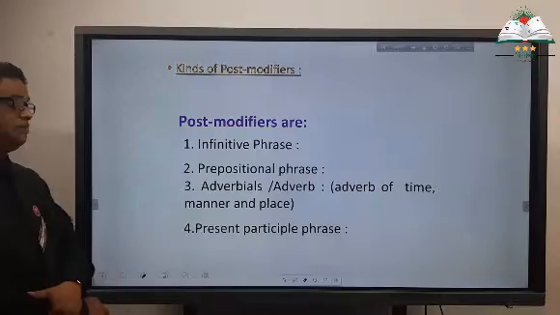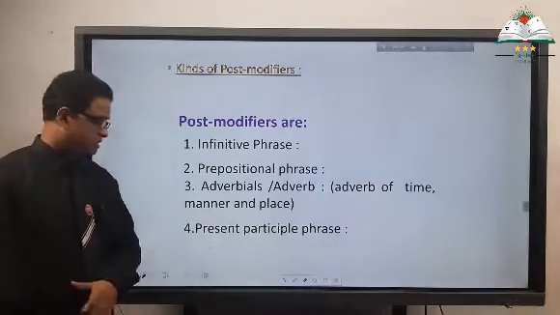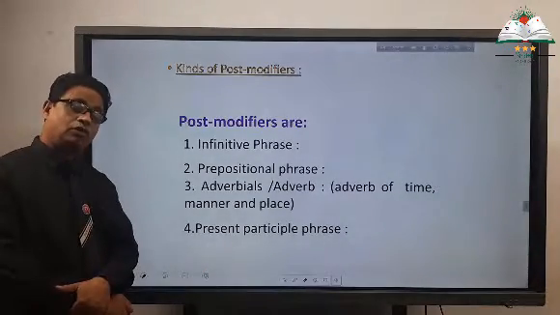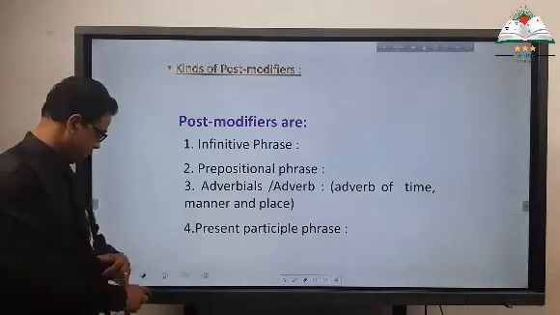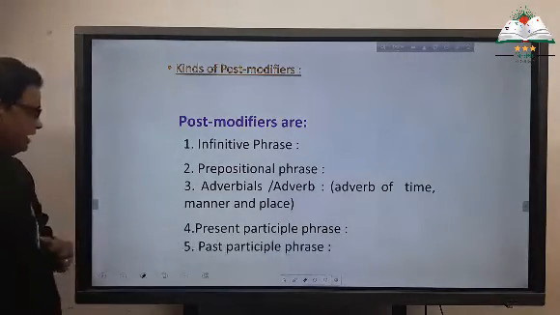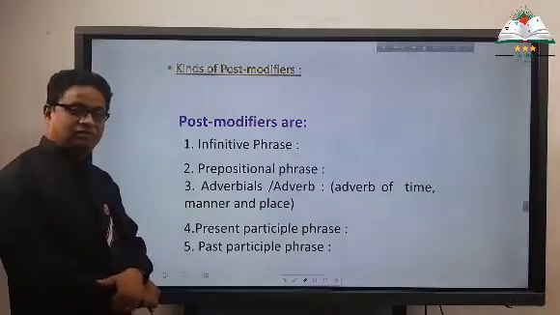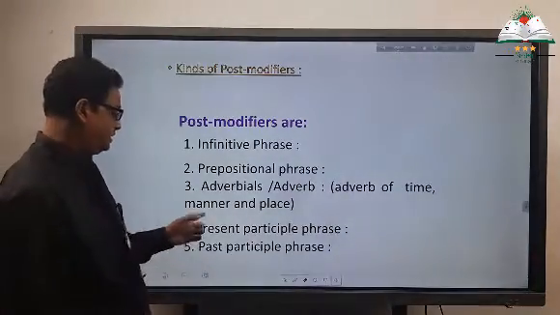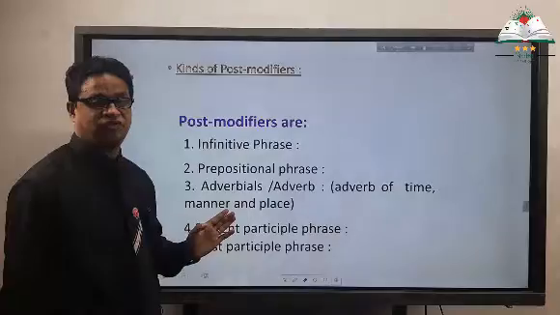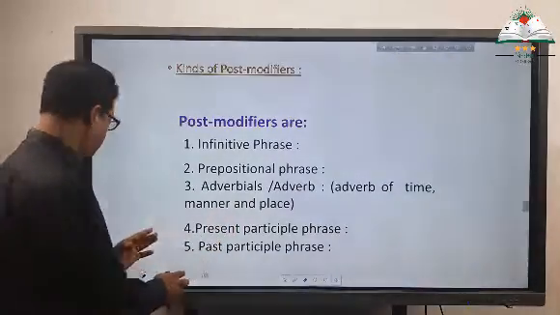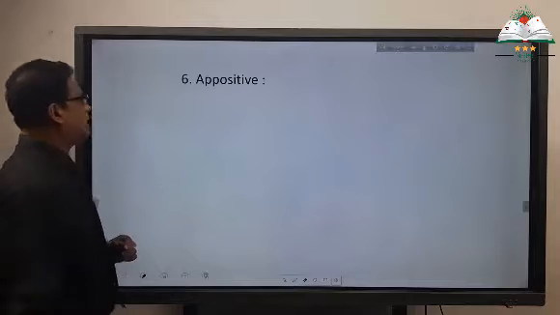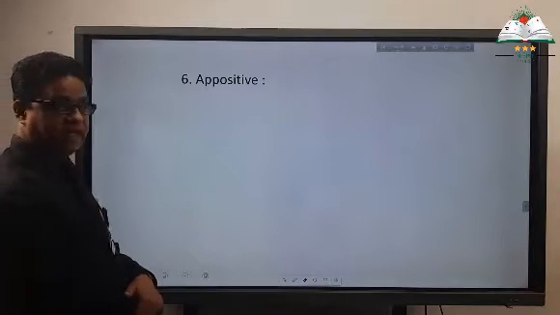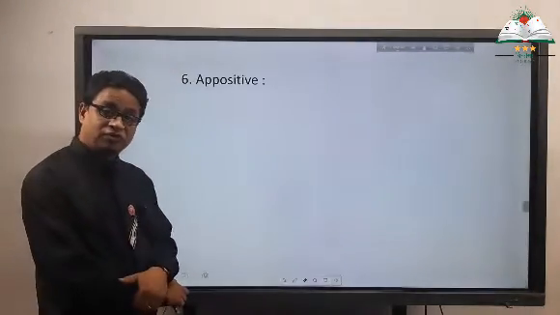Then comes present participle phrase. Present participle phrase is also used before noun as pre-modifier, and we learned it. Then past participle. Past participle is used as post-modifier of noun, verb also. Next we will find appositive. Appositive is used as post-modifier of noun.